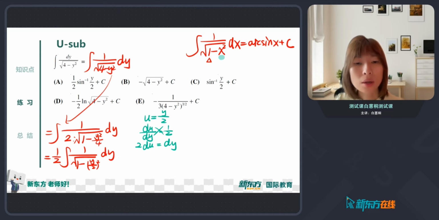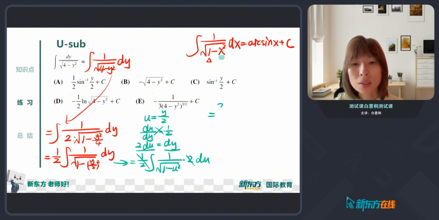So the expression is going to be 1/2 integration 1 over the square root of 1 minus u squared, because we use u to substitute y over 2, right? And then dy is actually 2 du, right? So we times 2 times du, and then 2 and 1/2 can be cancelled out.